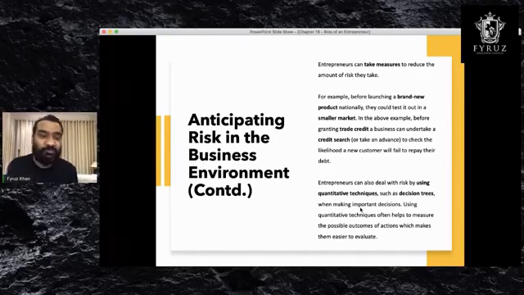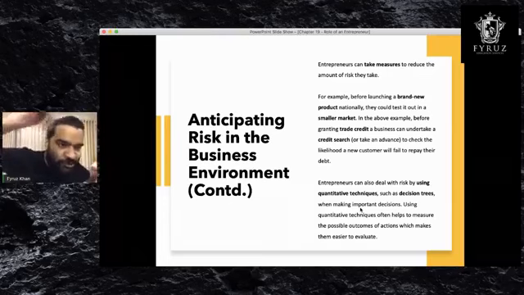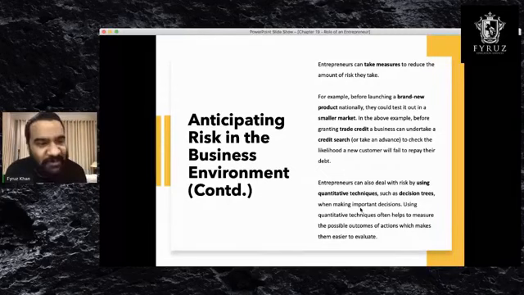Do not give trade credit, or do background research before giving them trade credit. And you can analyze before taking a step whether we should do it or not. You can consult with experts. You may have a team that can consult with you.